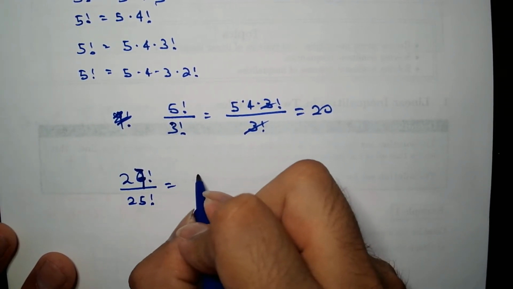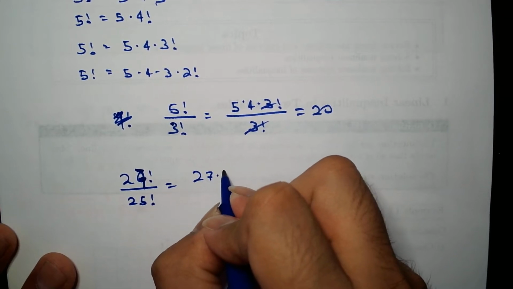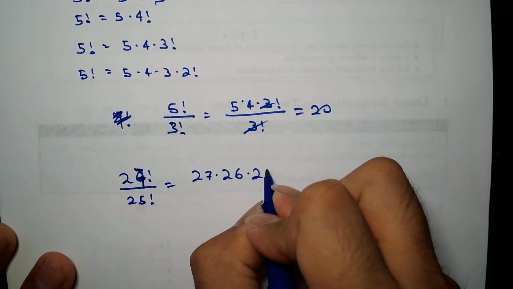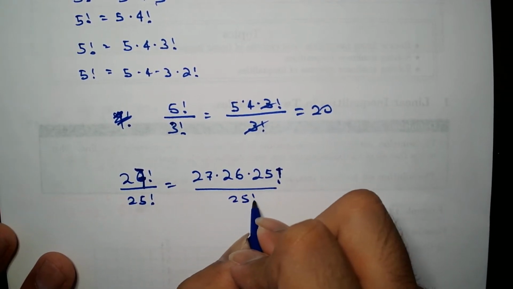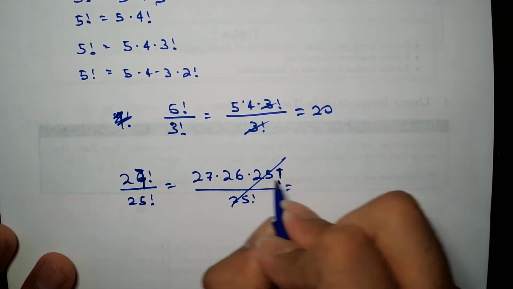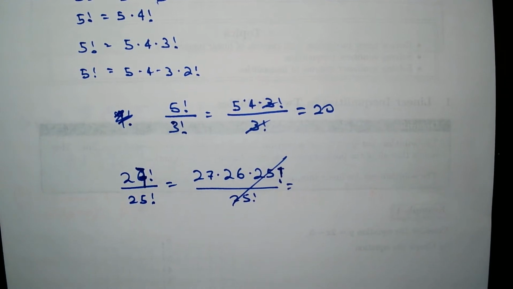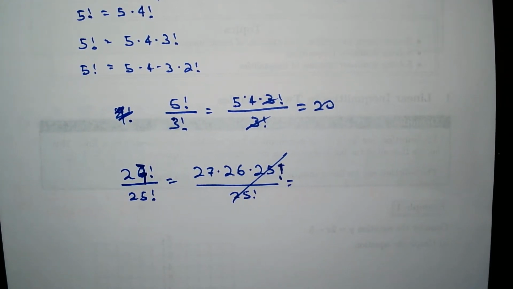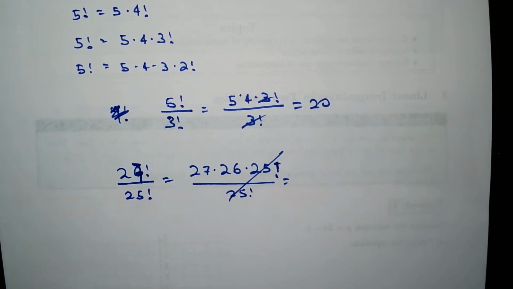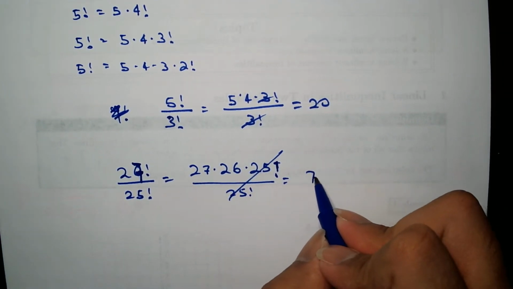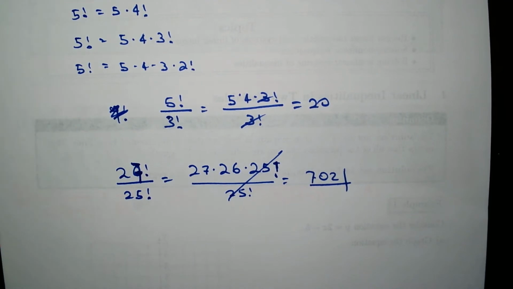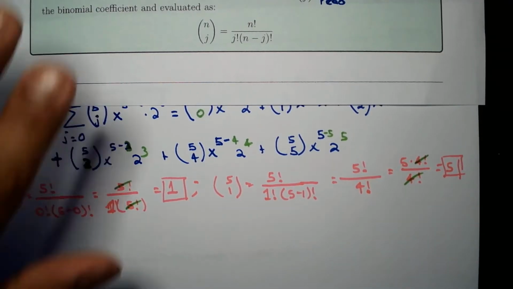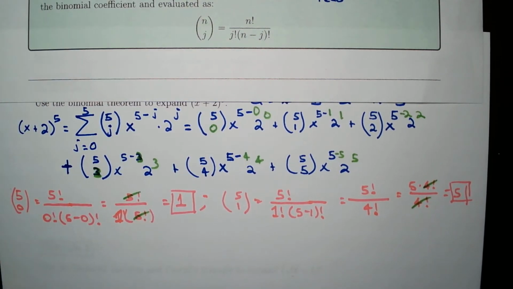So 27, so that'll be 27 times 26 times 25. And in this case, factorial over 25 factorial cancel. 27 times 26, well, that will be 702. So that'll be the answer to that. So that's how we simplify factorials.